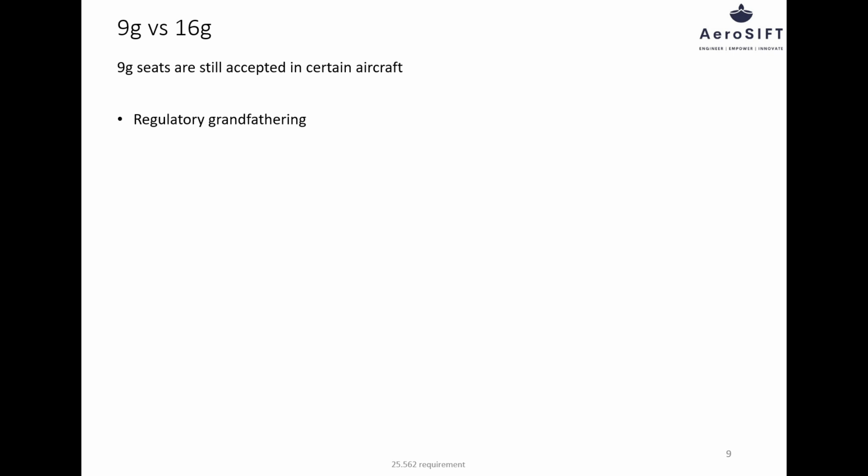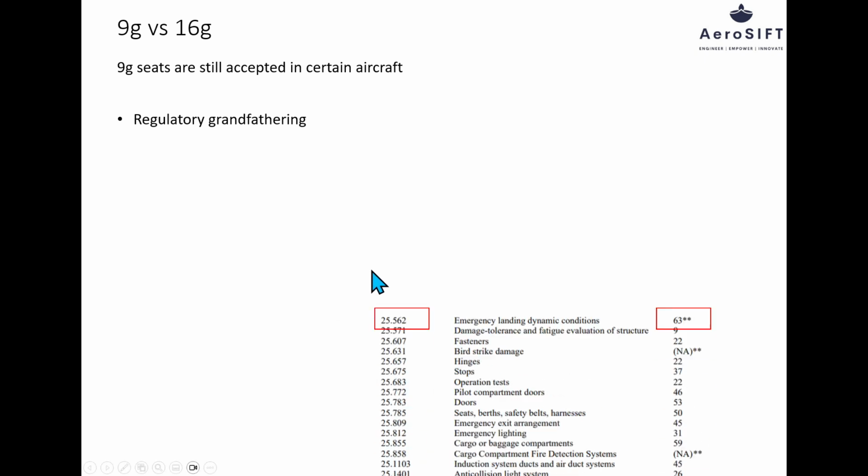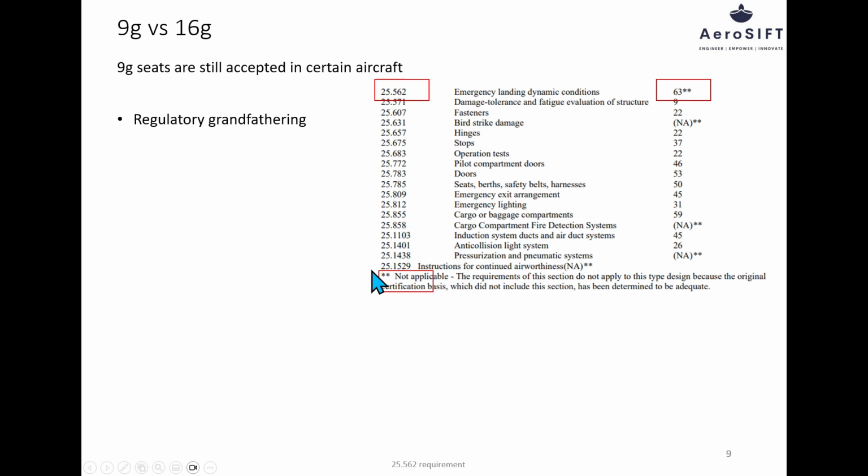This can happen in the case of older aircraft that were originally certified under less stringent requirements, as we have seen in the history of the regulations, where retrofitting newer seats on those is not feasible. An example is shown here for Boeing 747, where this particular requirement is not applicable.